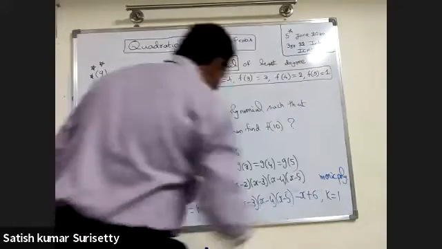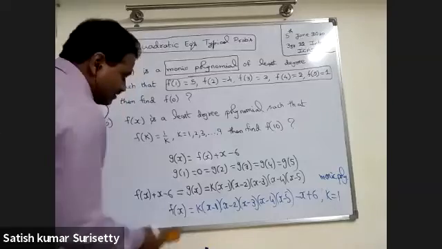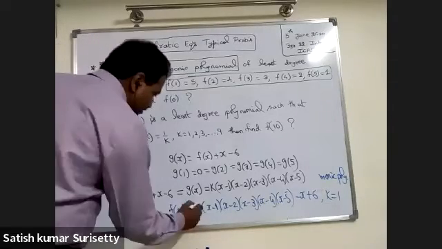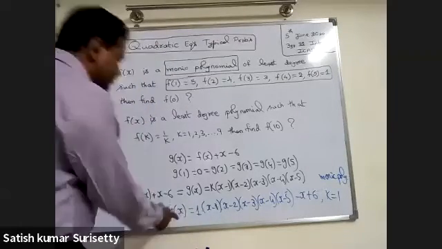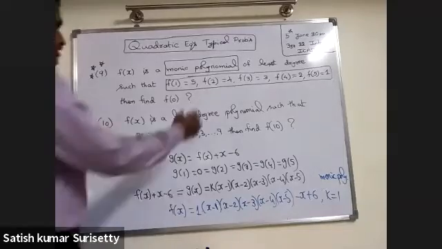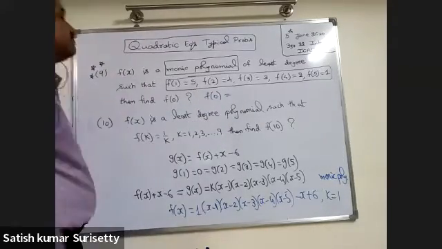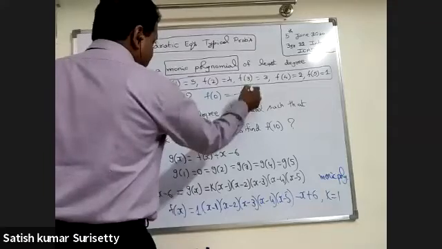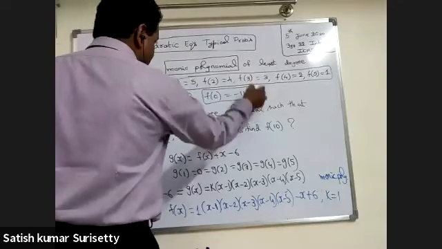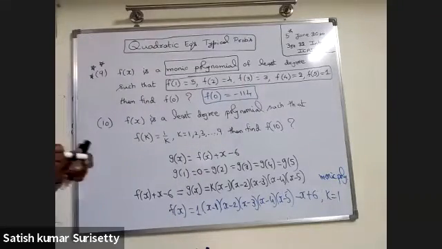Now replace k with 1. Now, what is asked to find? f of 0. So calculate f of 0. How much did you get? It will be 140.